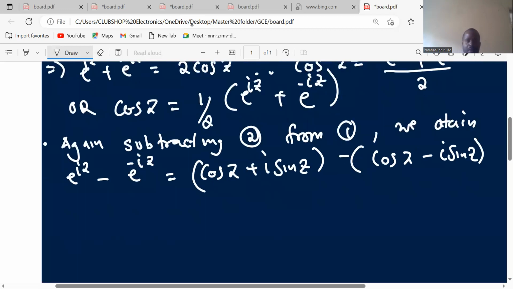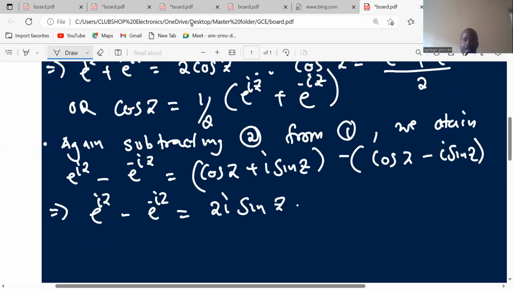All right? So this implies therefore that e to the iz minus e to the negative iz is equal to, so cos z minus cos z is zero. Then i sin z minus negative i sin z is 2i sin z.